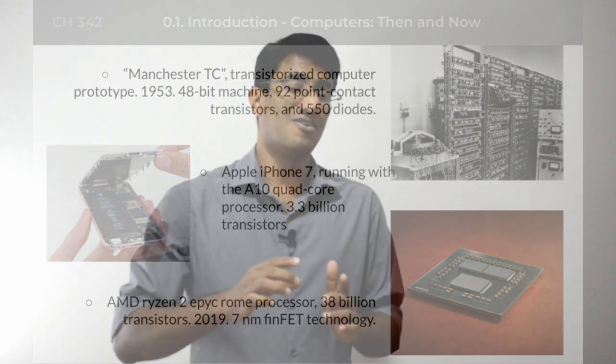So we've gone from the Manchester, which is half a room size, which had 92 transistors, to a 1-inch by 1-inch microprocessor which has 38 billion. There is no other field in the world which has seen an increase or development in this scale.